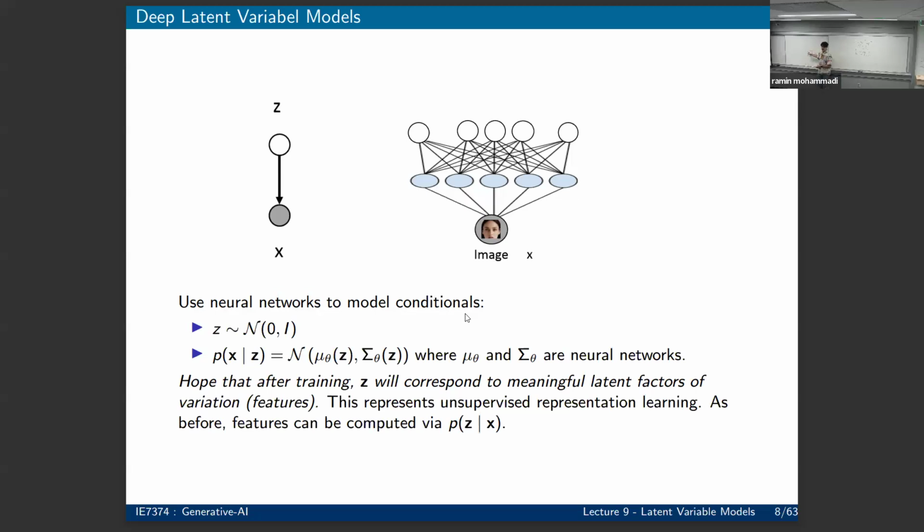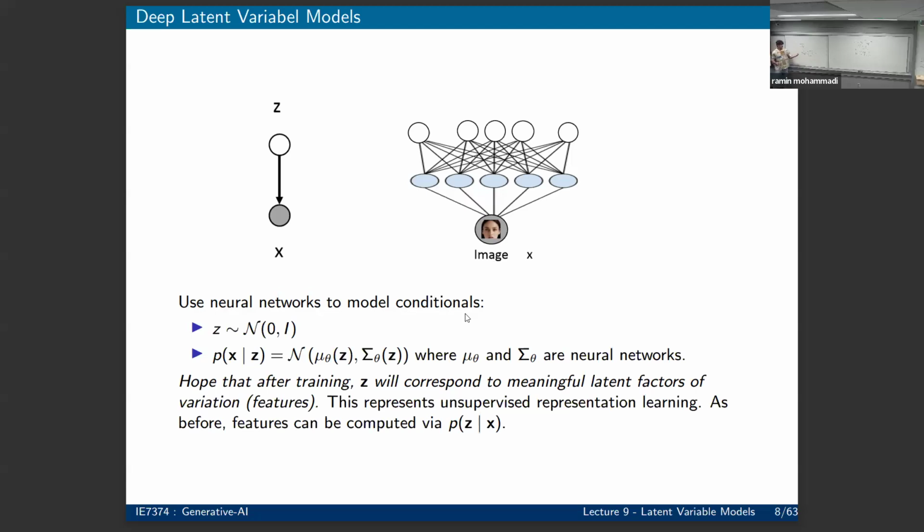If I receive a prompt like give me an image of a dog eating a pie, your model should know what a dog is, what a pie is, and so on in order to generate it. So you need to learn a series of latent features that you could sample from, pass to a model, and the model gives you an image. That's why we need the latent, because we want to generate from that.